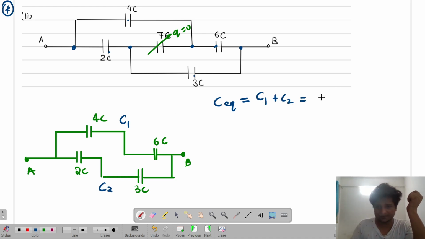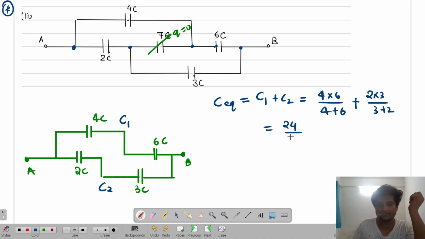What is C1? It is 4 into 6 by 4 plus 6. You got it how I have done it? Yeah, because these two are a series connection, isn't it? And next it is 2 into 3 by 3 plus 2. So what did I get? 24 by 10, and 6 by 5.